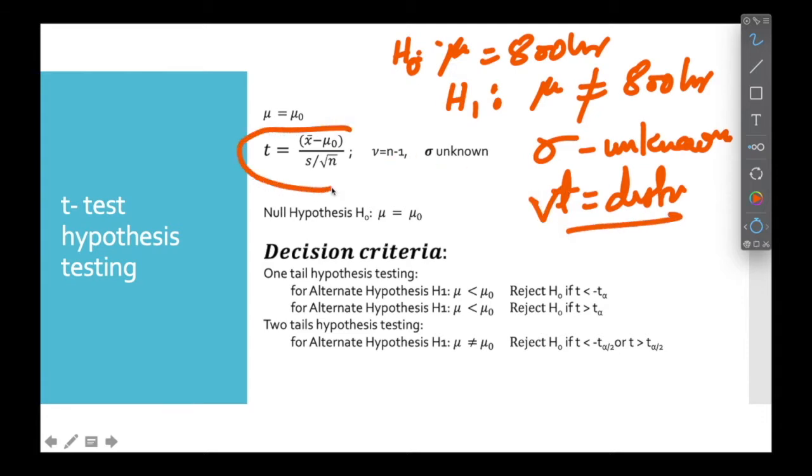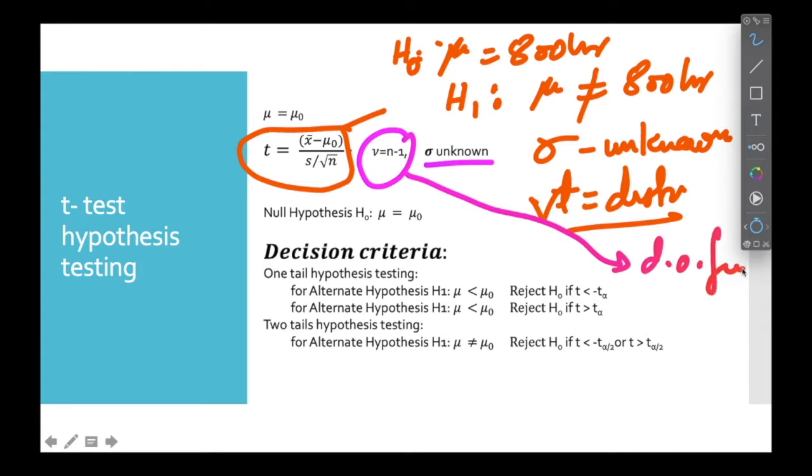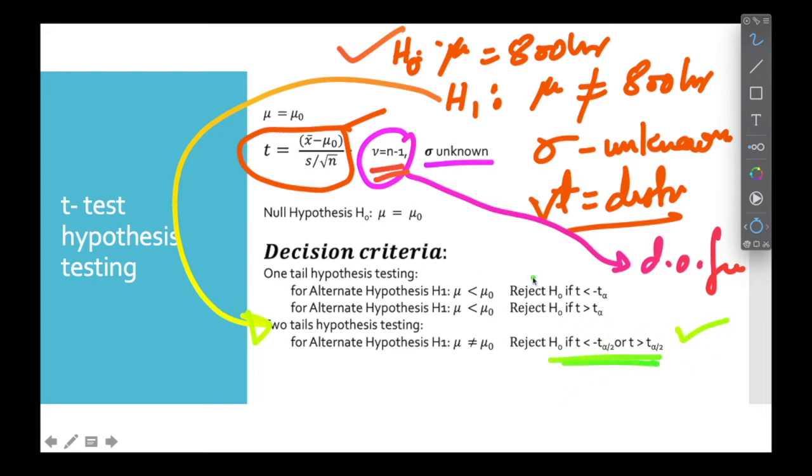Therefore, we are going to calculate the value of T. Sigma is unknown, so in this case, degree of freedom will have an important role. With respect to that, the value of T we can see from the table, or value of P we can pick up from the table with respect to degrees of freedom. For alternate hypothesis, we have to apply the criteria which is the third one. So these two are not applicable in this case.